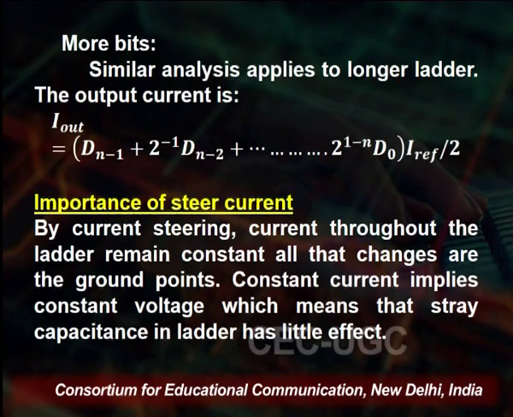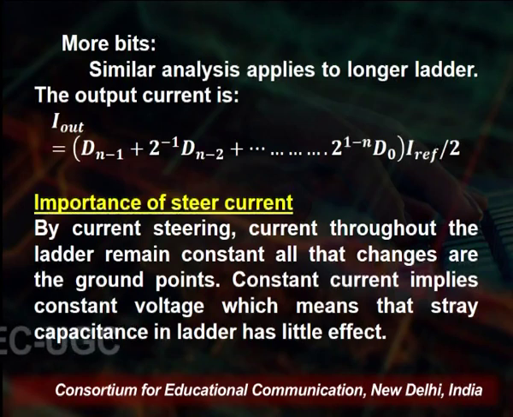Again, in this case there is a value of steer current, and what is steer current? By current steering we mean that the current throughout the ladder remains constant and all that changes are at the ground points. This is to ensure that we do not have superposition problems and hence no stability problems.